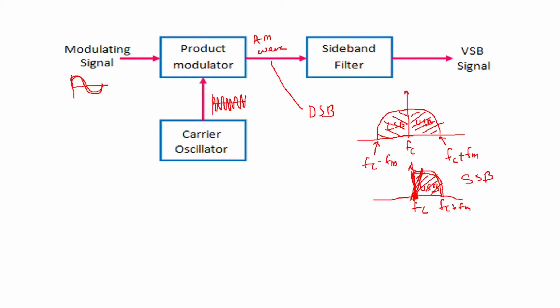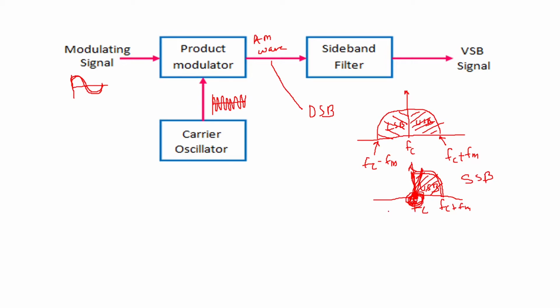Now why is this important? Because in TV transmission, the information at the lower frequencies is very important, and therefore we have to take care of the frequencies just around the carrier frequency.